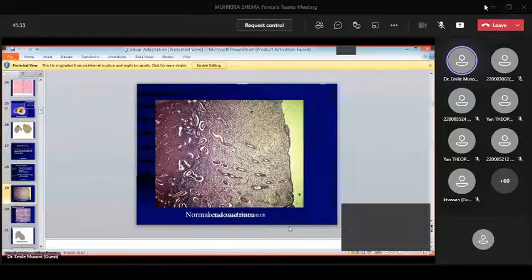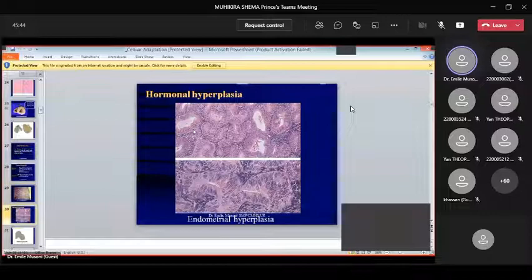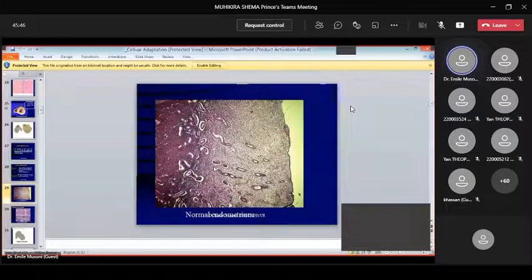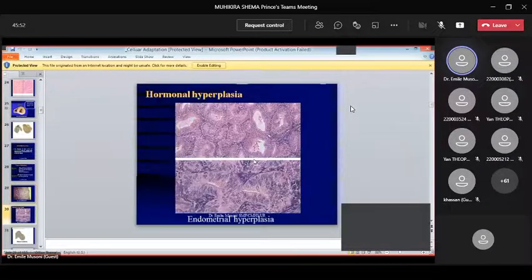This is the normal endometrium. These are the endometrial glands. This is the stroma. This is in the case of hormonal hyperplasia. If you compare, in this one you can see distinct glands and stroma. But for this one, you see only glands, it is like there is no stroma.